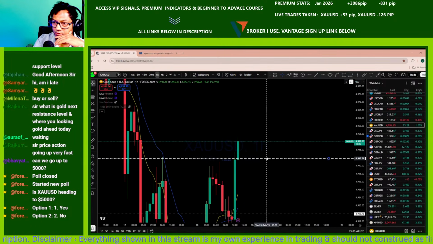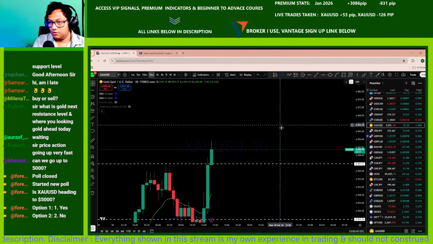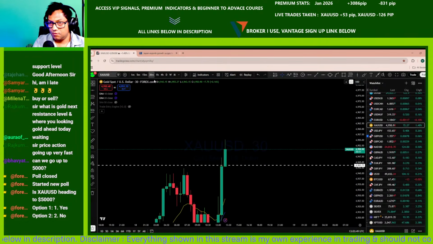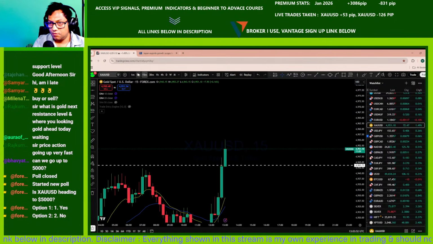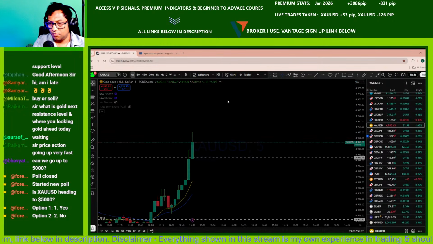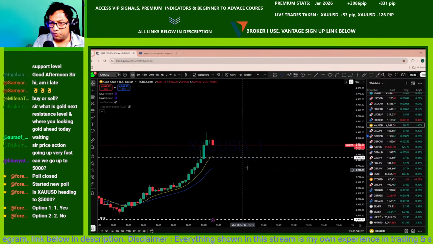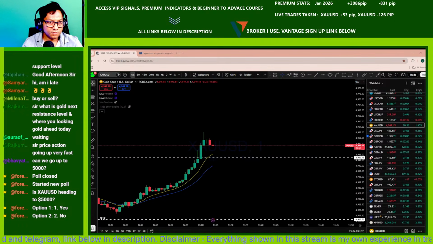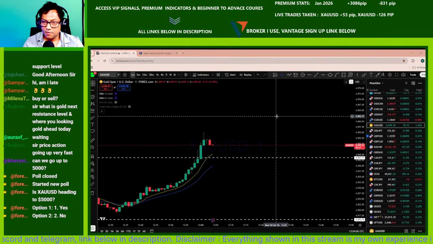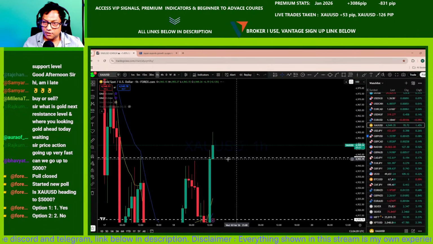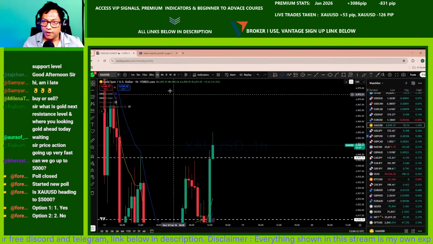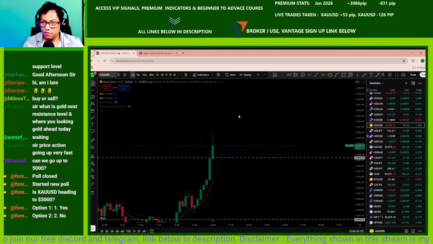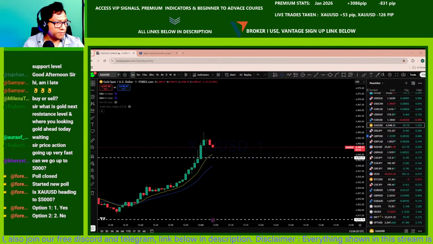And it's approaching that level. Now coming to this 1 hour support, it can be an important level that we can look for a potential entry back above here.